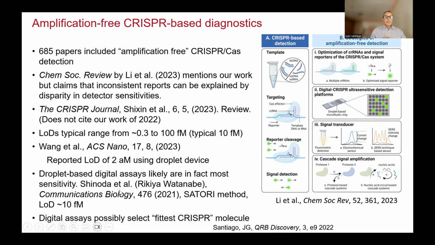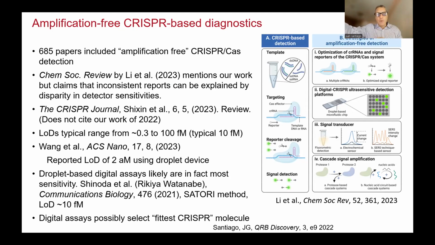So we think this is the best legitimate limit of detection. We also believe that the reason these single molecule assays probably offer the most sensitivity is that they might be highly biased toward the fittest individual CRISPR molecules, right?